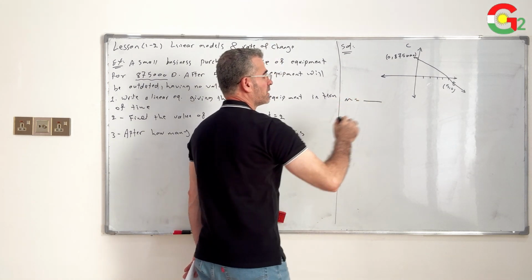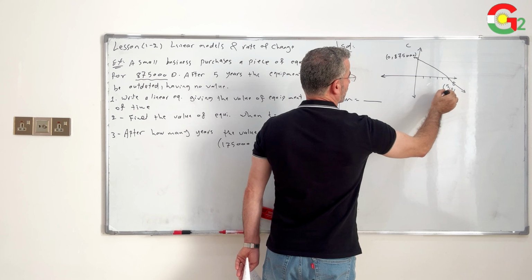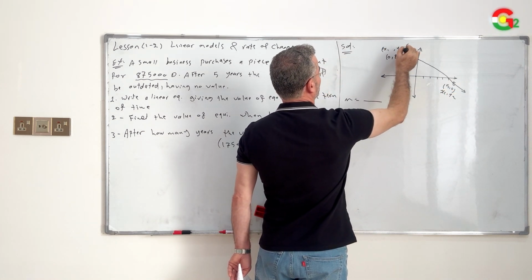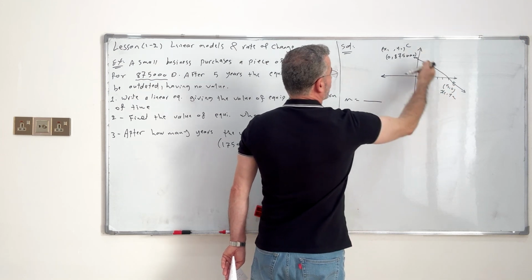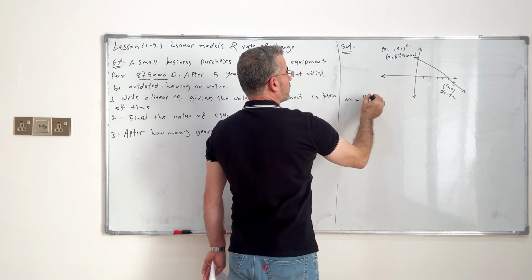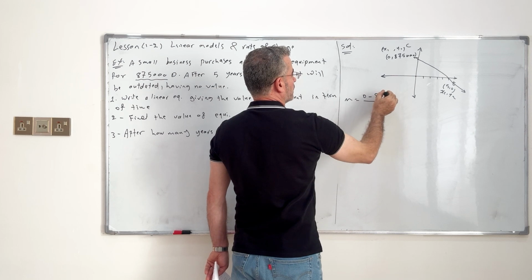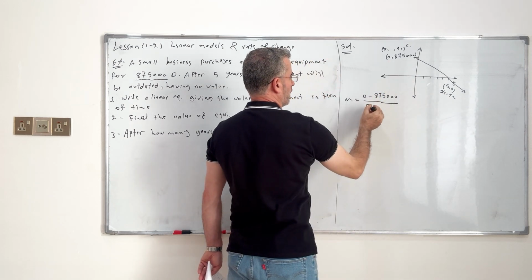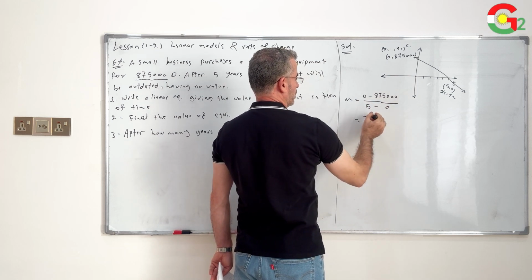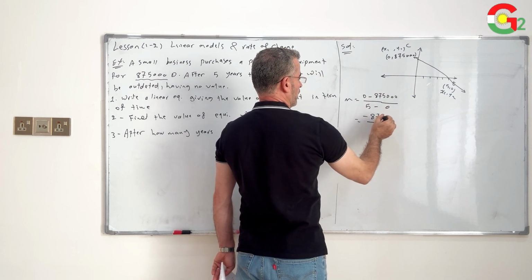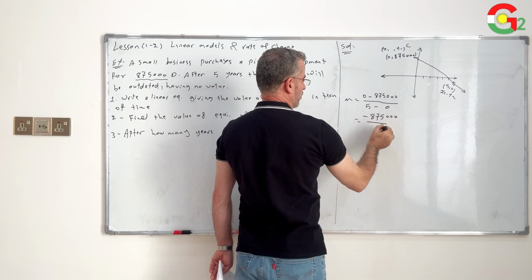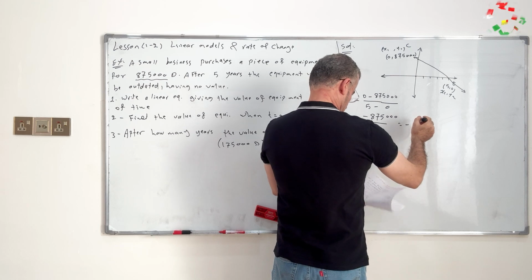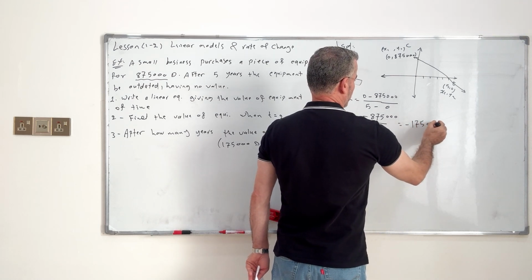Let me find the slope first. This is x2, y2, and this is x1, y1. y2 minus y1, 0 minus 875,000, over x2 minus x1, 5 minus 0, equal to negative 875,000 over 5, equal to negative 175,000.